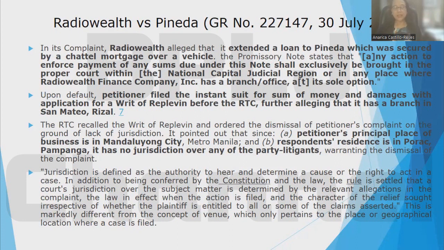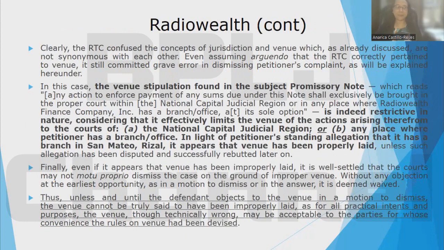Now, the RTC recalled the writ of replevin and ordered the dismissal of the complaint on the ground of lack of jurisdiction. It pointed out that petitioner's principal place of business is Mandaluyong. Respondent's residence is in Porac. Therefore, it has no jurisdiction over any of the party litigants.